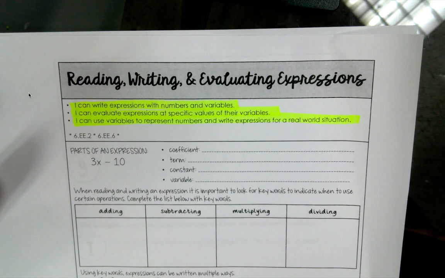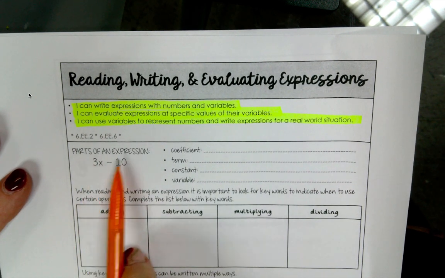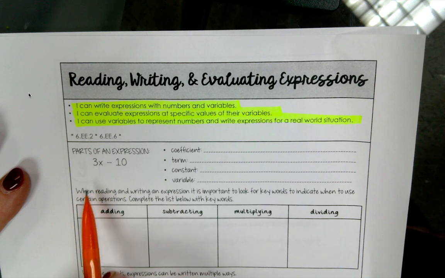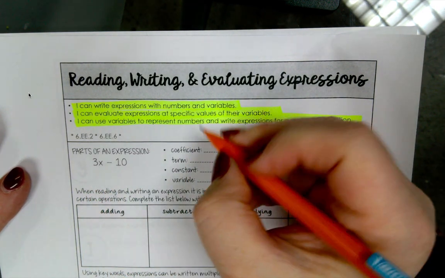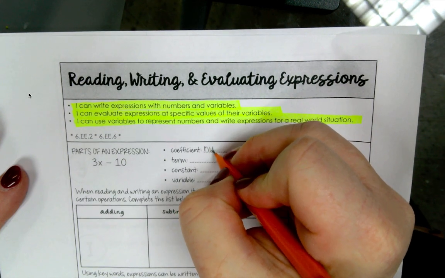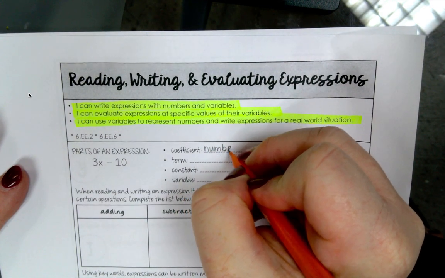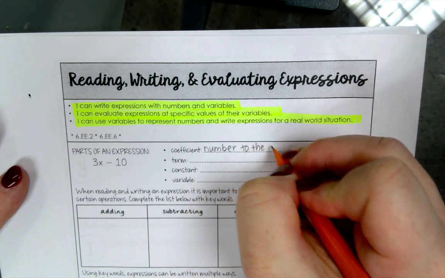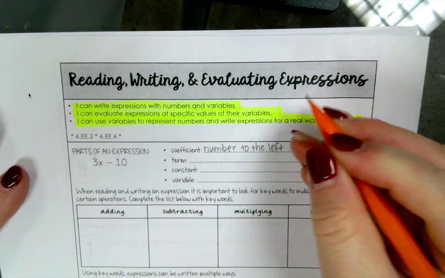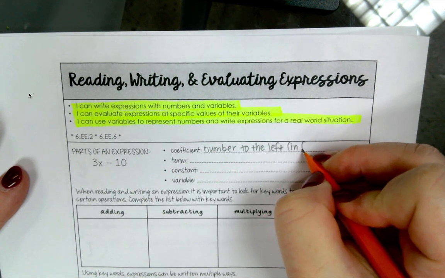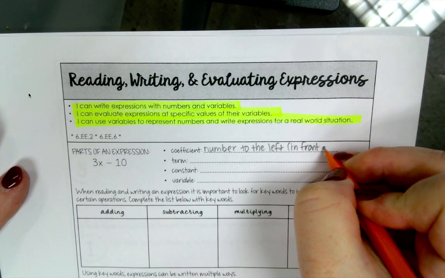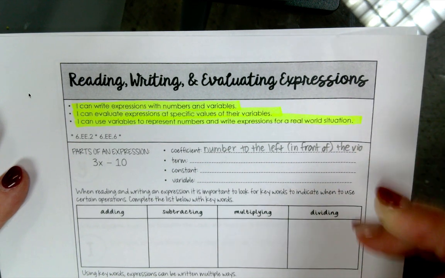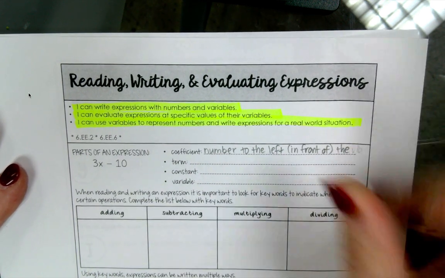Okay, so there are some terms that you need to know and understand and apply, and we will be using this vocabulary. So this is parts of an expression. This expression reads 3x minus 10. The coefficient is the number to the left. I'd also say in front of the variable.